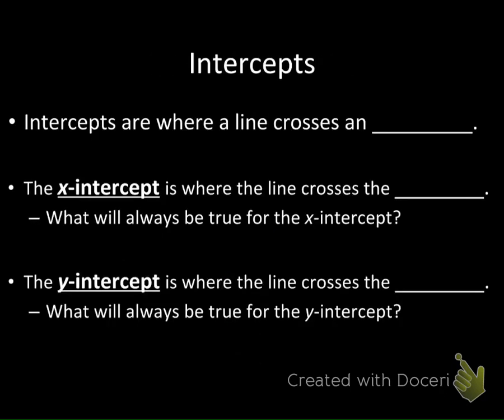Okay, so intercepts are where a line crosses what? An intercept is where a line crosses an axis. So the x-intercept is where the line crosses the x-axis.